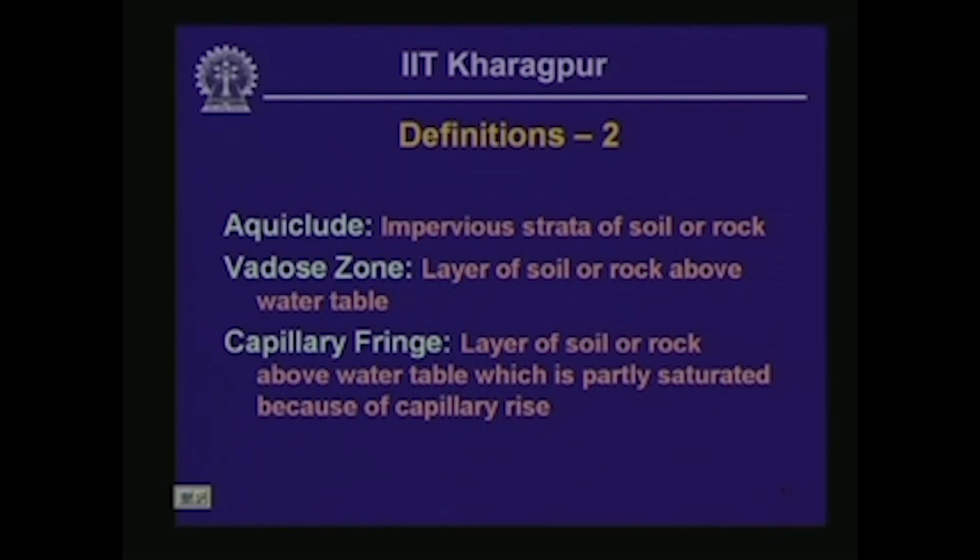By water table, we are going to mean a surface at which the groundwater exists at atmospheric pressure. That is an alternative definition which fits well once you consider the saturation that may be possible in fine grained soils because of capillary rise.